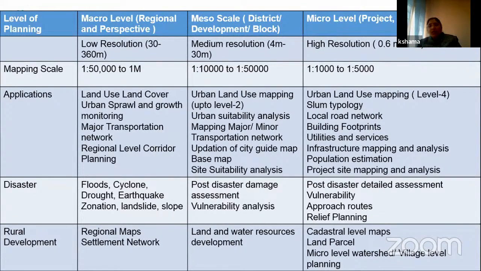Whatever cadastral parcels are falling into that sodic land area, those owners can be given some incentive or some technical know-how to treat their soil and bring them into cultivation again. So there are so many applications which can be done using this remote sensing data. Similarly, I'll give you one example. Like one watershed, like one small check dam is built.